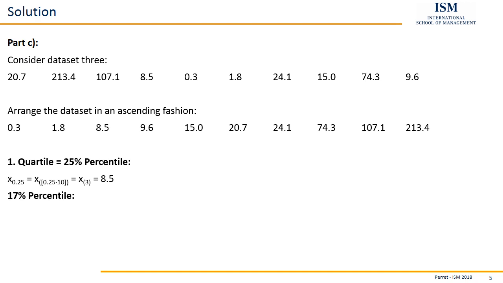Similarly, with the 17% percentile, we multiply 17% with 10, get 1.7, rounded up that's 2, and at the second position we have 1.8. Finally, for the 72 percentile, we multiply 0.72 with 10, get 7.2, rounded up it's 8, and at the 8th position we find 74.3, giving us the 72% percentile.